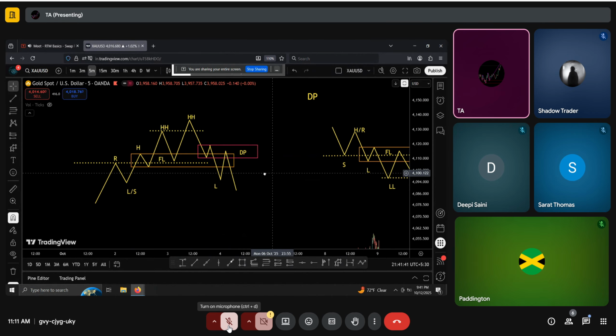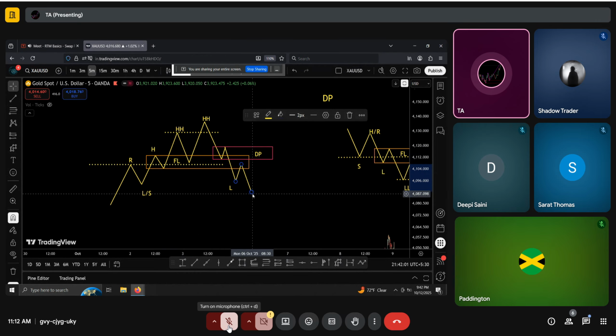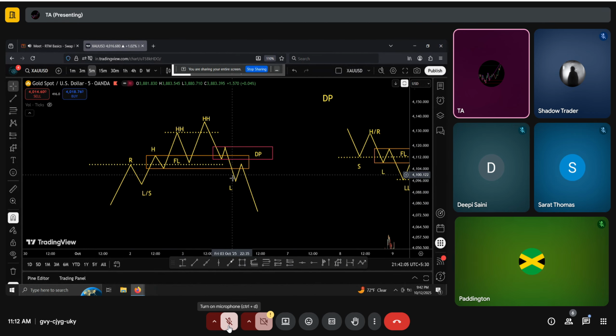So you can see how this DP is traded and how this decision point is created. Okay. And this is also possible when the price comes here, makes a decision point and pulls back, but reaches only here and falls back, right?